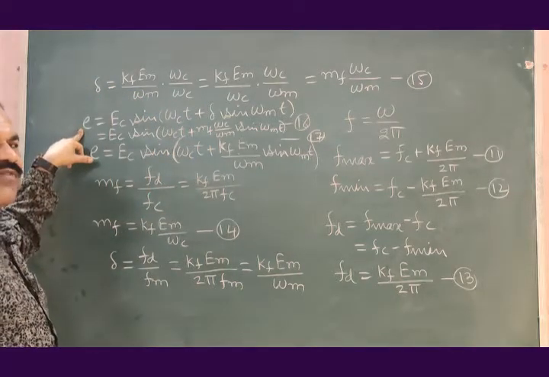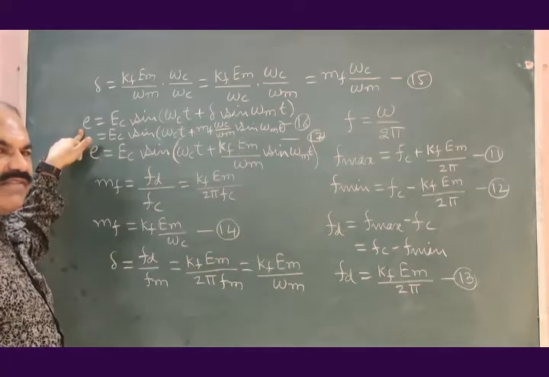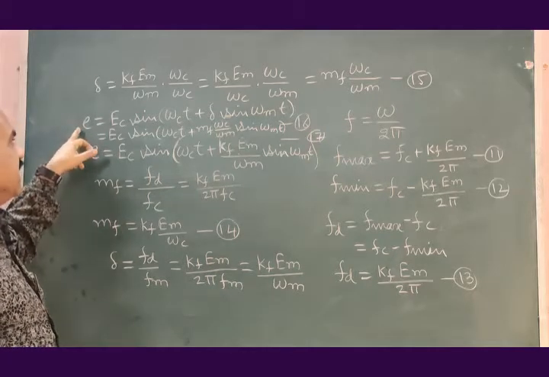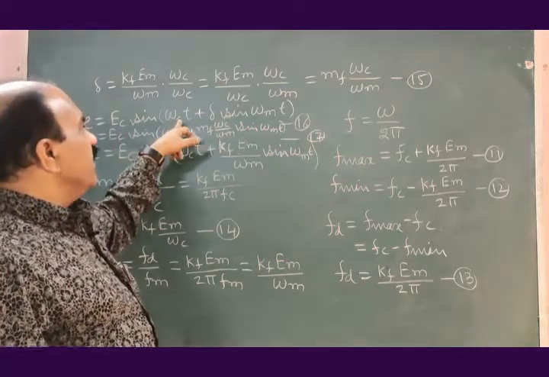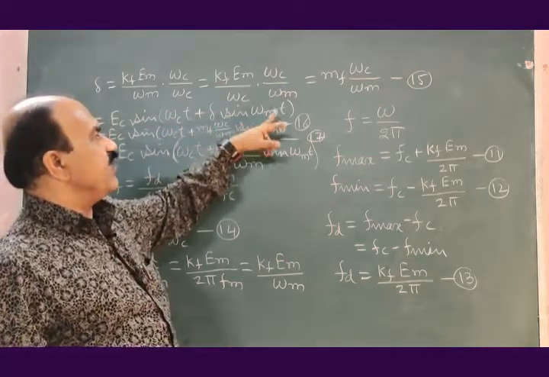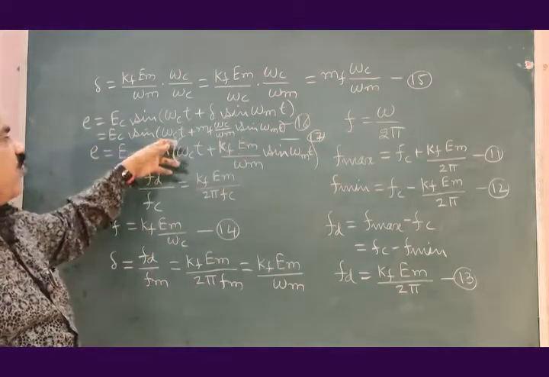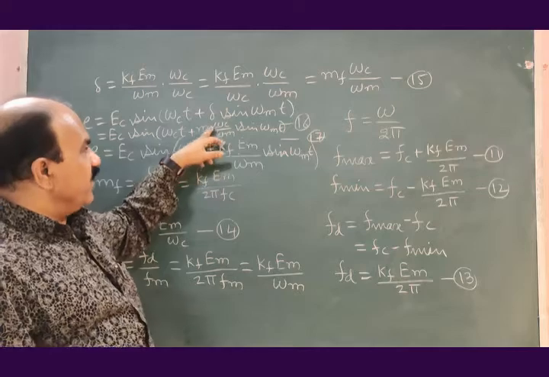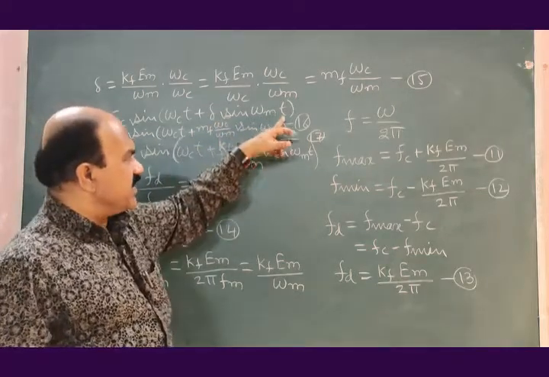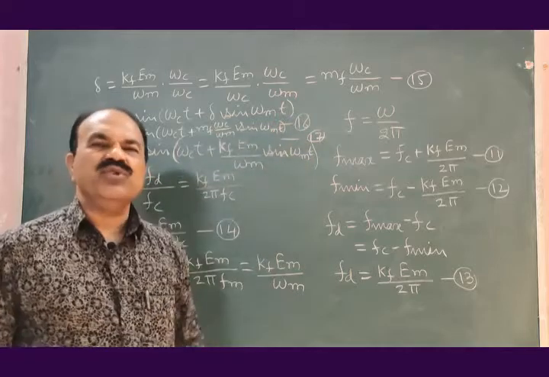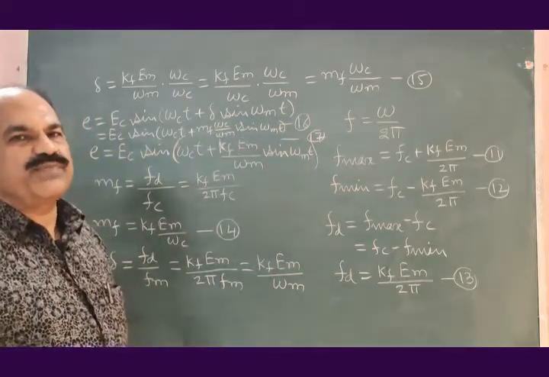So, using the value of delta in this equation or in this equation, the expression for frequency modulated voltage can simply be written as small e is equal to Ec sin omega c t plus delta sin omega m t, or e is equal to Ec sin omega c t plus mf omega c by omega m sin omega m t. Of course, equations 16 and 17 are both the same. They are just written in two different forms.